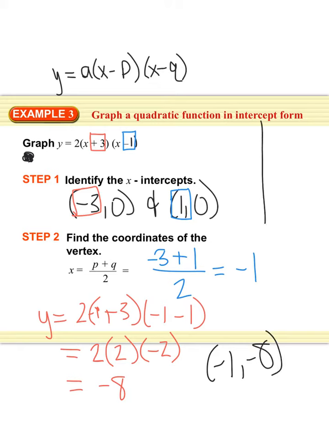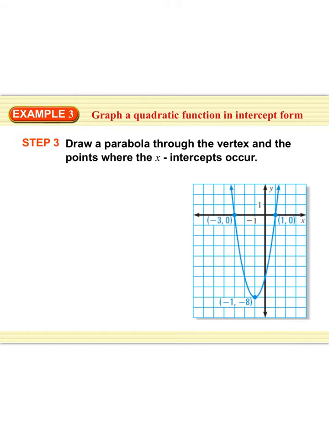So I can start to graph here. I have negative 3, 0, and 1, 0. My a value is positive, so it's opening up. And we know the vertex is negative 1, negative 8. I'll finish off the parabola. And here is a little better picture of what it should look like.